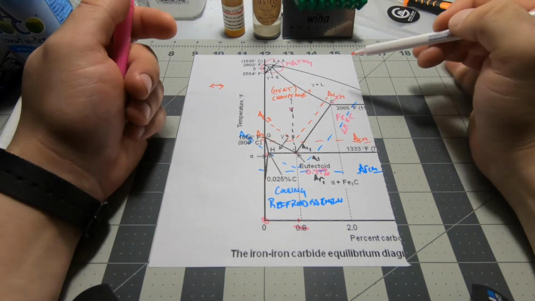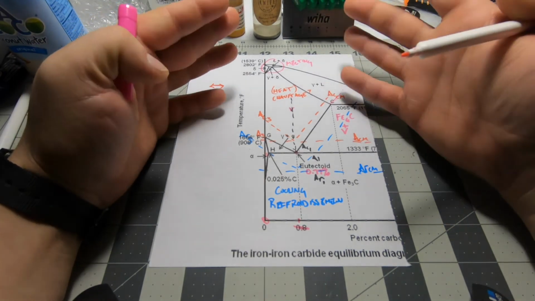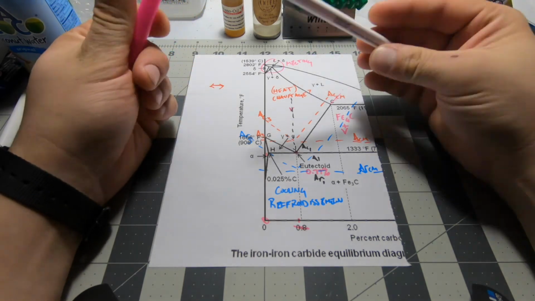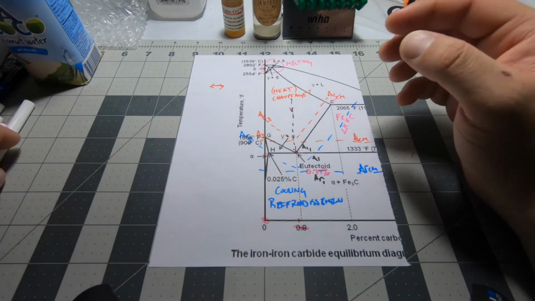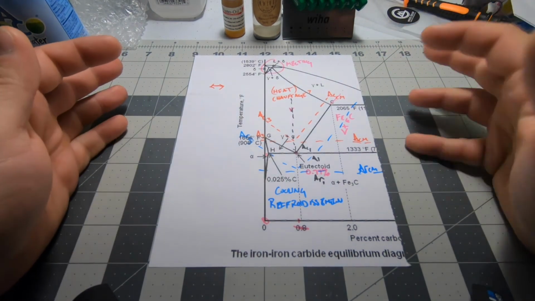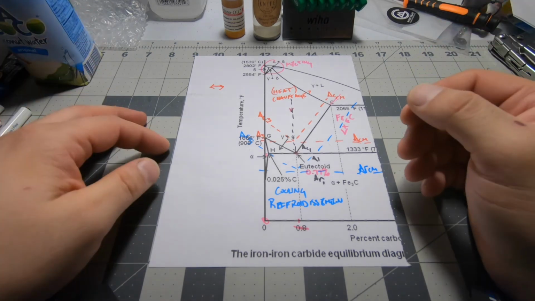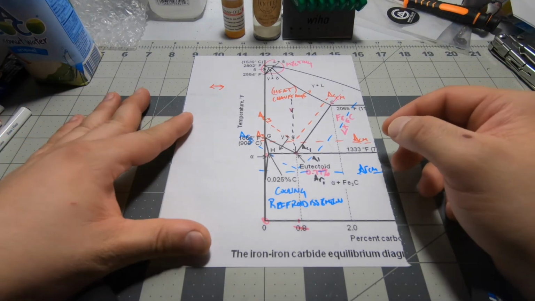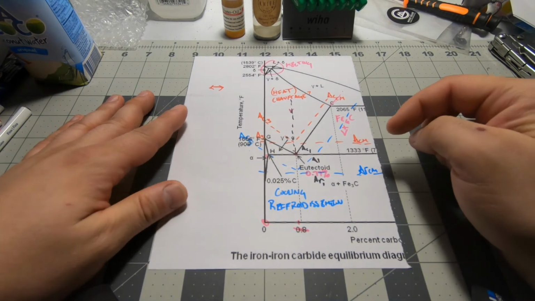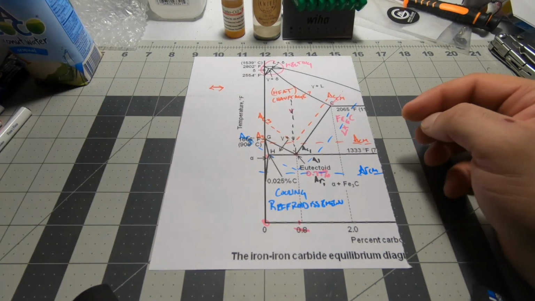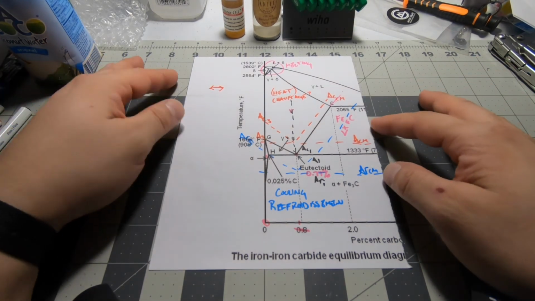Up here. Also over here. Sort of. So that's what it looks like. It's very confusing, I know, but that's what it looks like in this iron carbide or carbon equilibrium diagram.